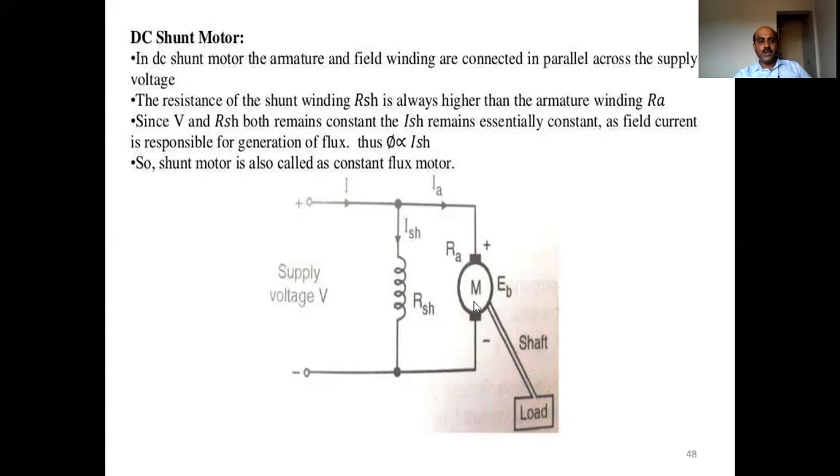In the circuit shown here, this is the supply voltage, this is the armature M, and this is the field winding, both connected in parallel. The resistance of the shunt winding, RSH, is always higher than that of the armature winding, RA. Since the voltage and shunt winding resistance both remain constant, the current through the shunt winding remains essentially constant. The field current is responsible for generating the flux. Thus, the magnetic flux is directly proportional to the current flowing through the shunt.